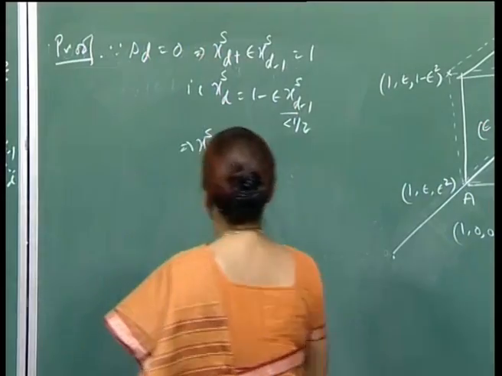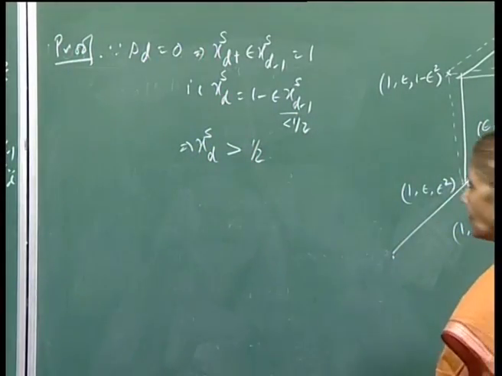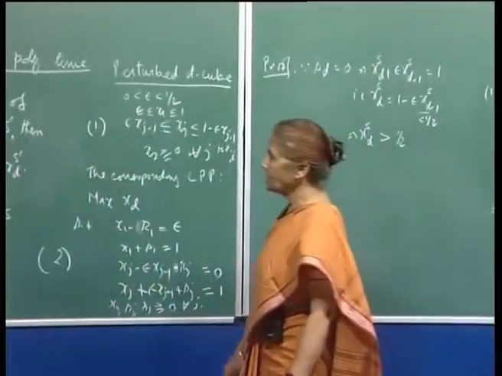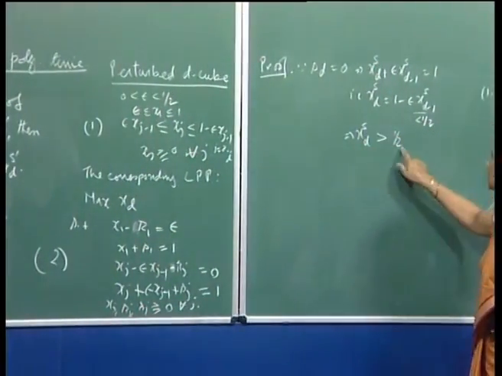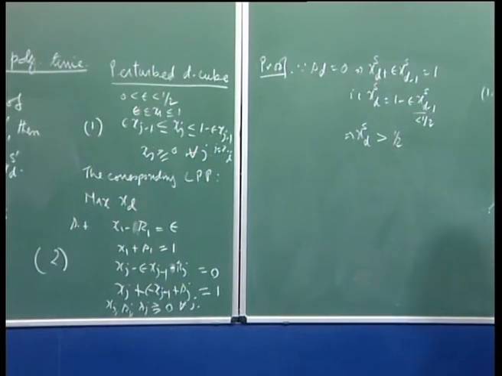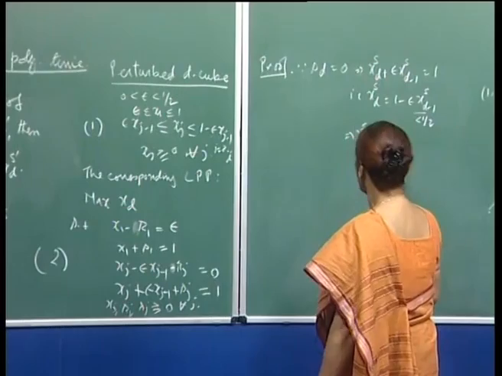That means I have shown you that the value of x^S_d, when d is present in the corresponding set S, is going to be greater than half. Then I want to show that this value is greater than x^S'_d.